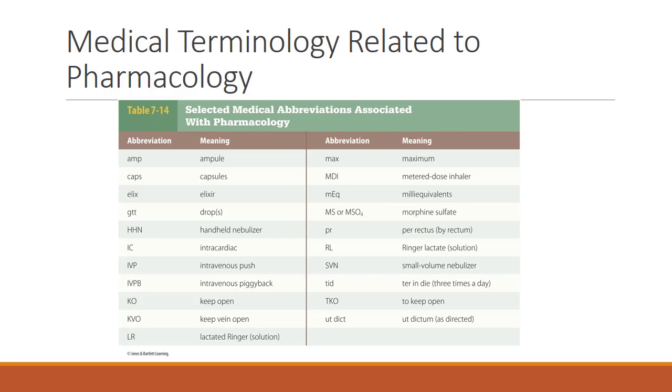The fourth line down, you can see GTT, which we use to indicate drops. We use this a lot of times with IV drip rates. So there is an element of IV maintenance in the EMT curriculum, so you will learn that abbreviation as well.